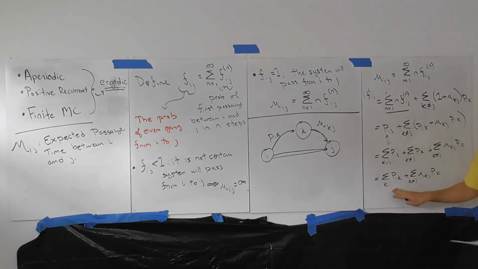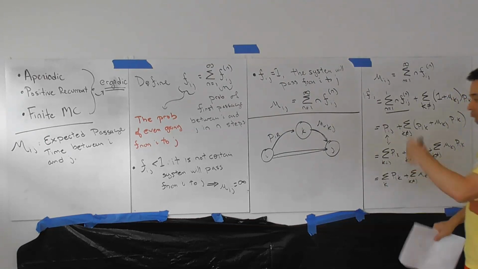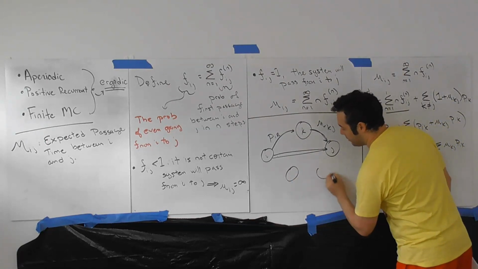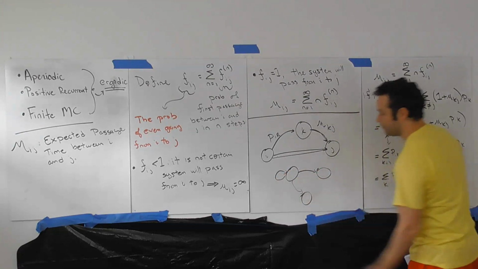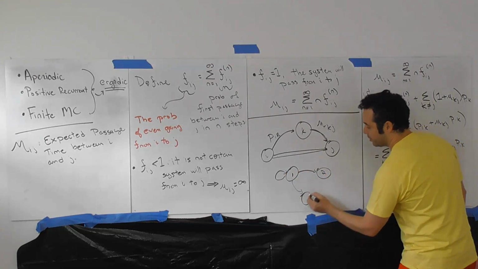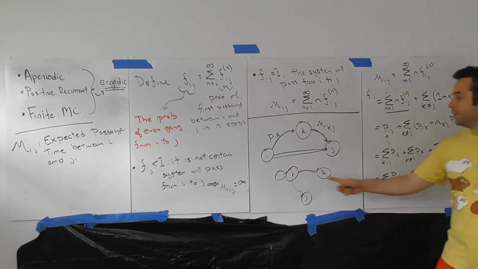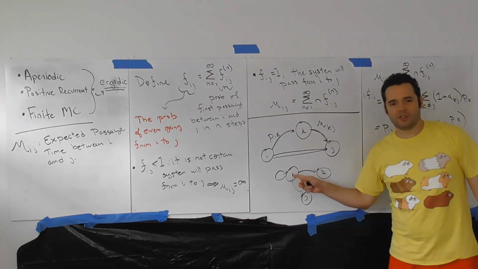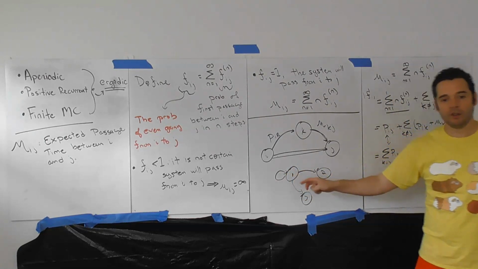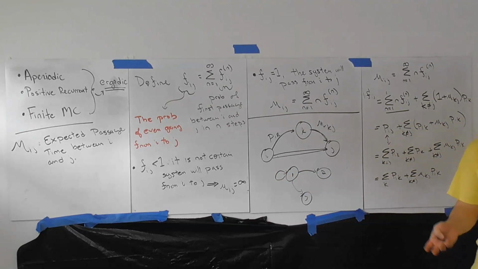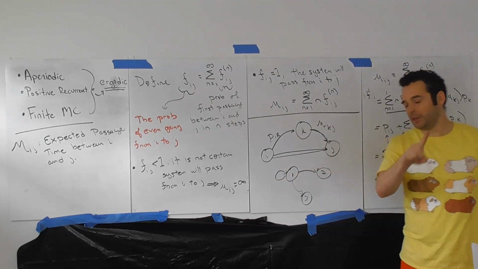Okay, so let's think about what's going on here. So I'm going to just draw an arbitrary graph. Okay, so let's say we have 1, 2, and 3. If we look at just one of these nodes, let's look at 1, the probability that leaves 1 has to add up to probability 1, right?